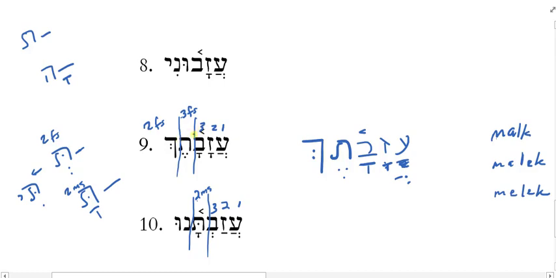I think this one's probably the trickiest of the whole lot. Okay, so how am I going to parse this? So we have our 3 root letters: azav, Qal, perfect, 3fs plus 2fs suffix. Okay, translate. She, oops, I want to make that perfect.